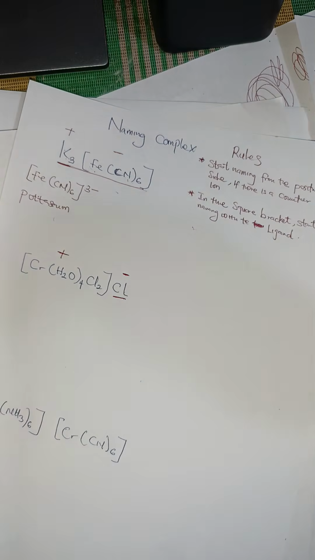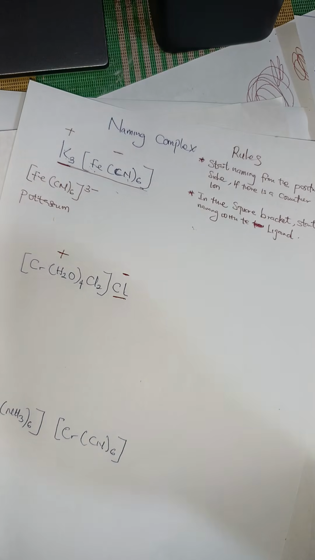Now, you know that cyano is a negative ligand, and we have a way we call those negative ligands: their names end with O. So cyanide becomes cyano. Chlorine is also a negative ligand, so it ends with O. Put that point down.